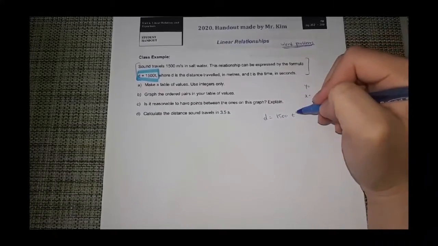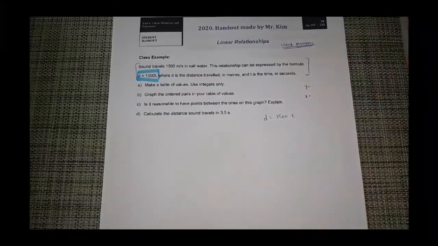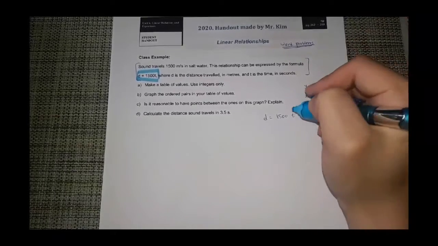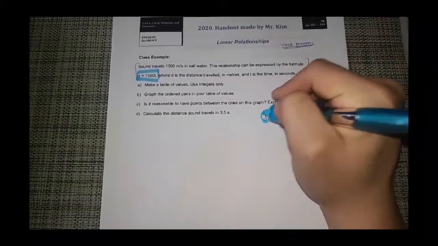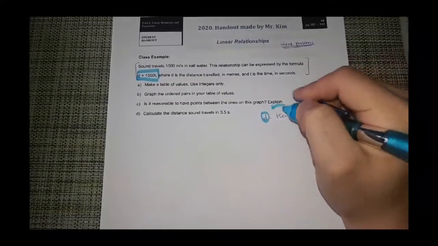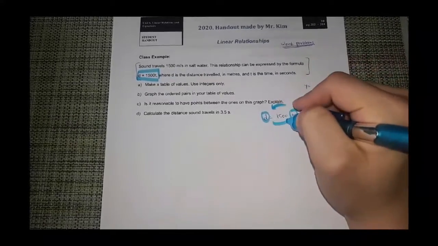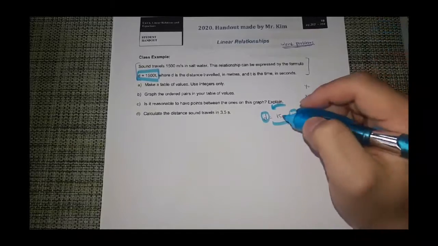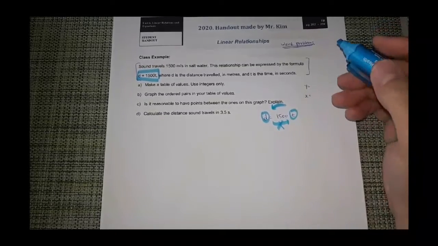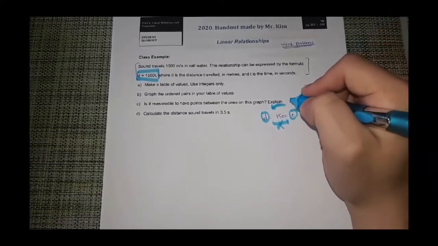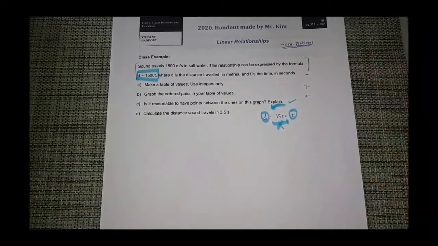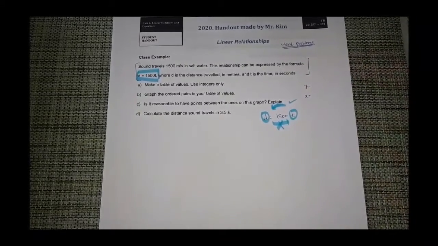So, basically, it's a fancy way of asking: does time affect the distance, or does the distance affect the time? We need to find that relationship. Distance doesn't affect the time actually. Time affects the distance. What I mean by that is this.